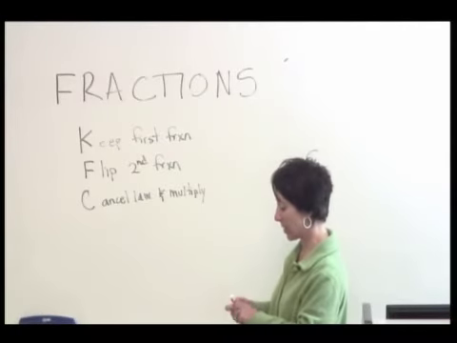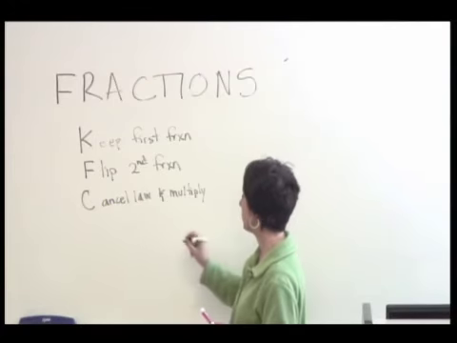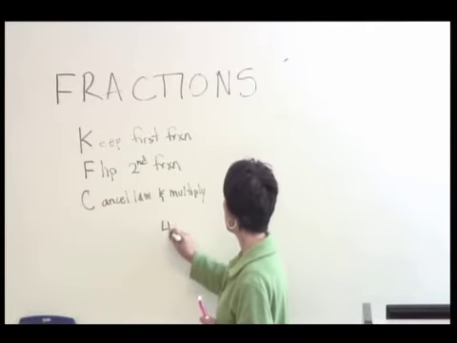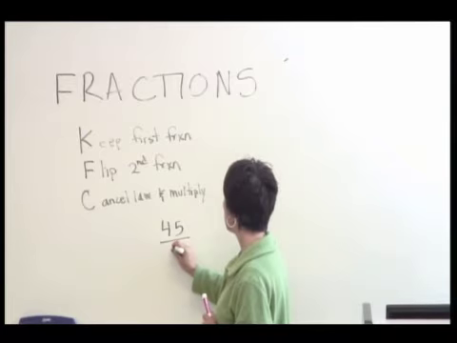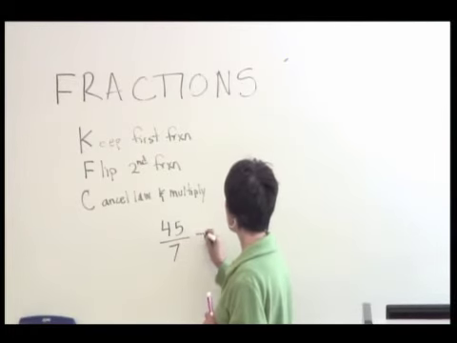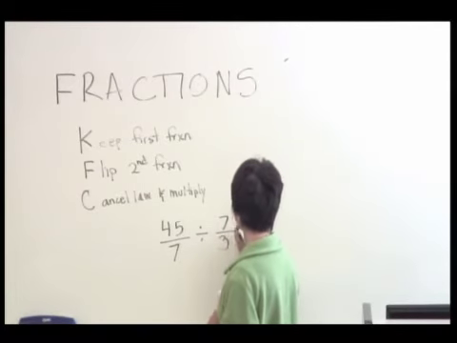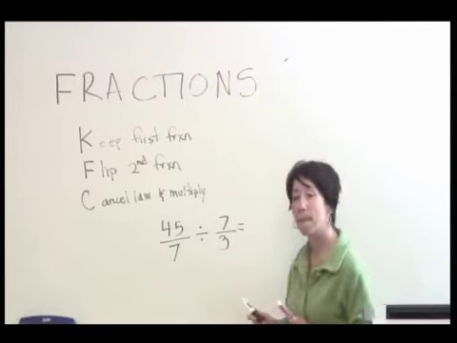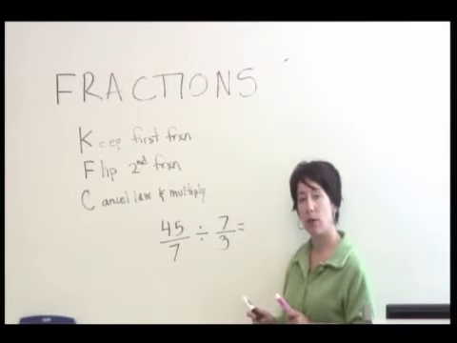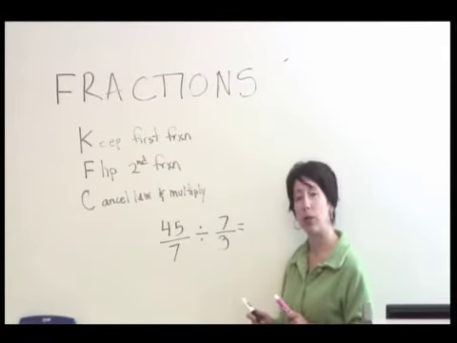All right, so let's look at an example. Okay, so here we have 45 over 7 divided by 7 over 3.